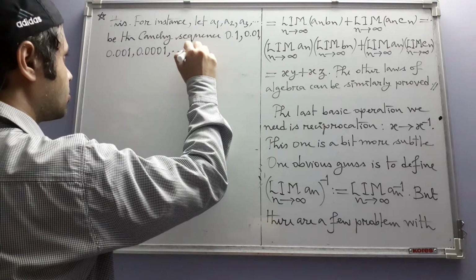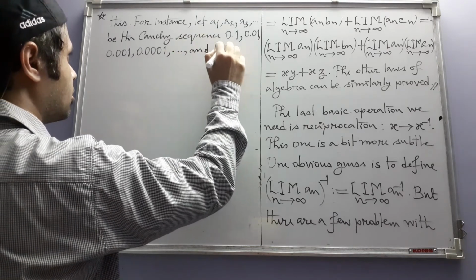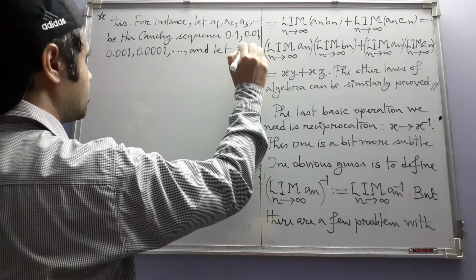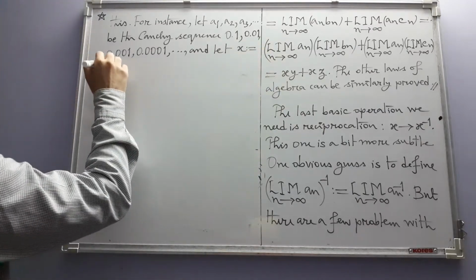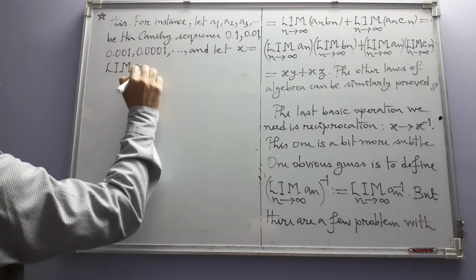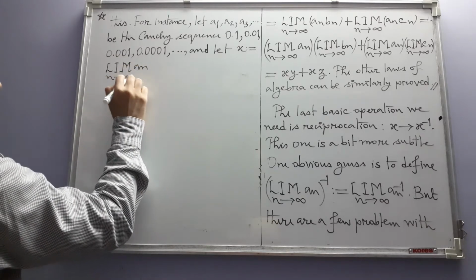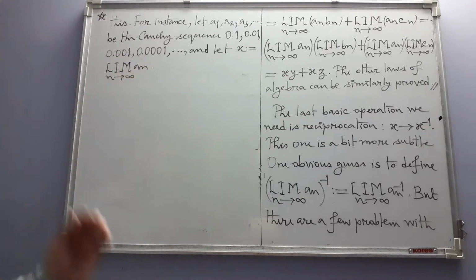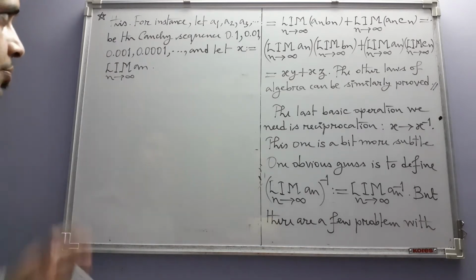And let x be the formal limit of this Cauchy sequence. That is, x is the real number determined by this Cauchy sequence.